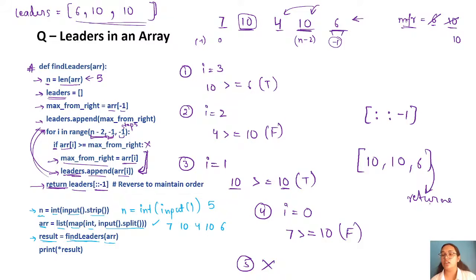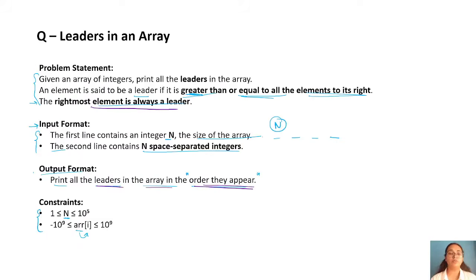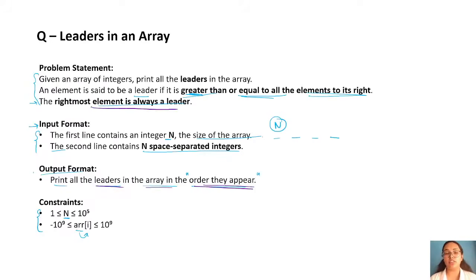Now once this is returned, what is going to happen? If you remember, you called this whole function in a result variable, right? So this is going to be stored in your result variable. Now once it is stored, you have to see that they have told you to print all the leaders in the order they appear. And sometimes in the sample outputs they don't say whether the output should be space separated or normal list formatted.